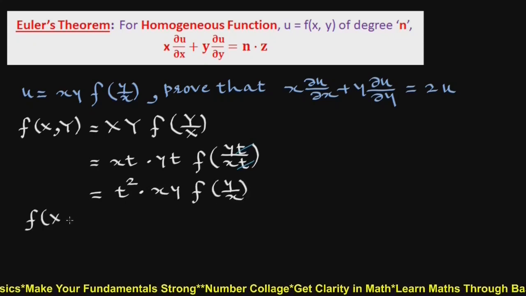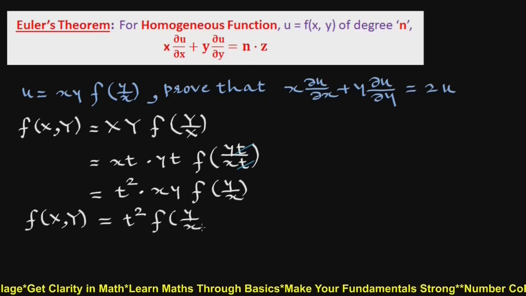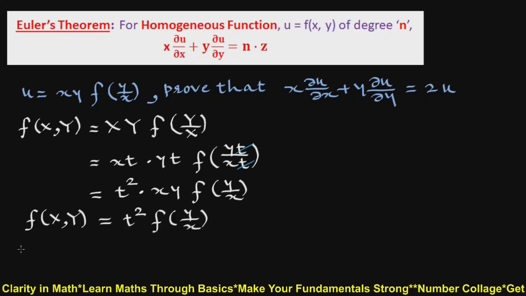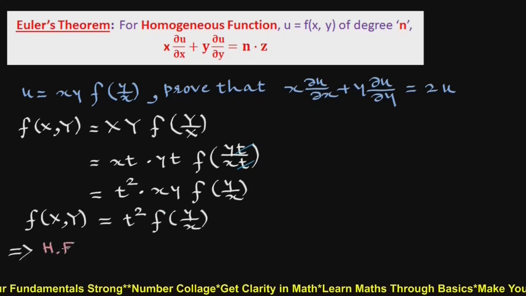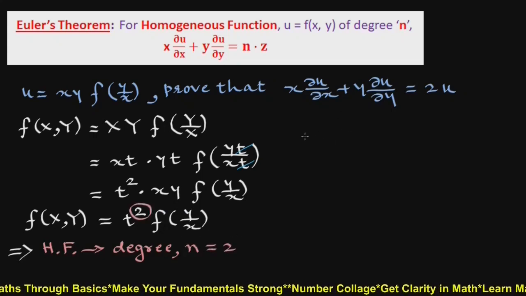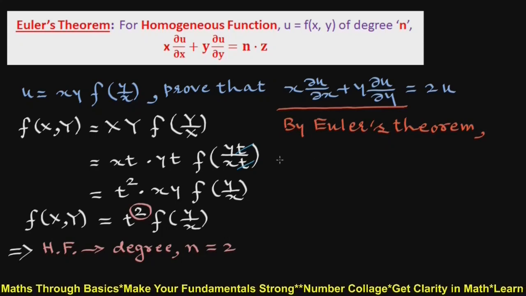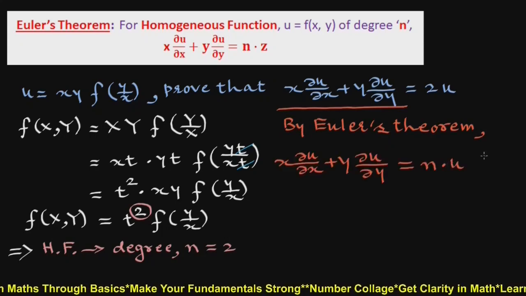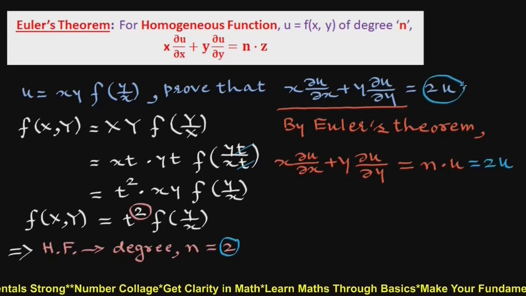Since f of capital XY equals t square f of small y upon x, it implies that the given function is a homogeneous function with degree n equals 2. So, by Euler's theorem, this left hand side will be degree n times u, but degree n is 2, so this will be 2u as required here.